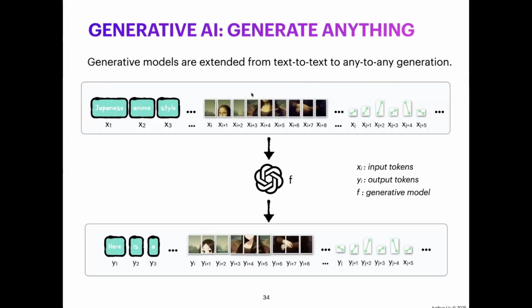So here we see that nowadays, a foundation model or a large language model can generate from anything to anything with proper tokenization. So given any kind of modality, say text, images, audio, or any others, right?